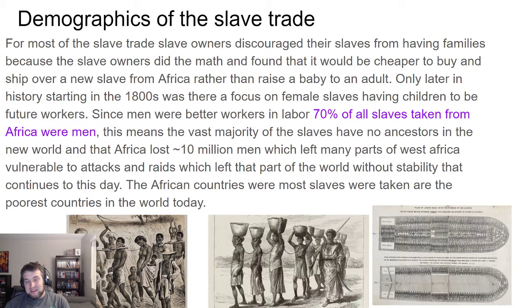And African countries where the most slaves were taken are some of the poorest countries in the world today. So it's just really shocking that countries like Mali were doing conceivably pretty well in the 1500s, and today Mali's not looking great.